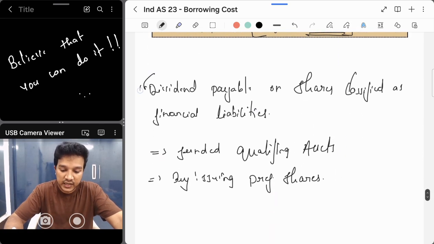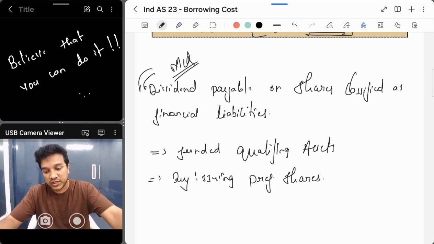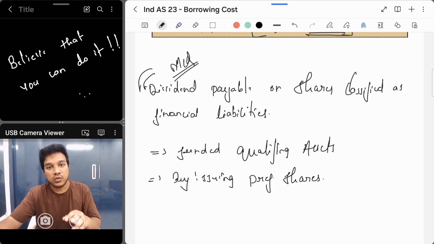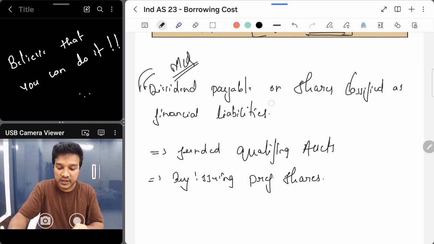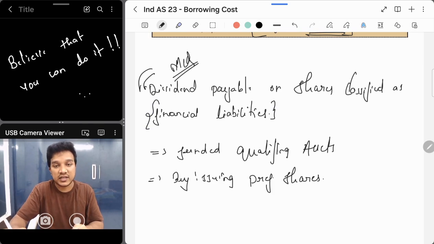And then I think this is the last one, again from an MCQ point of view. Dividend payable on shares classified as financial liability. Now let's see, if I have issued preference shares, and whatever amount I have collected, I am using it for construction of a qualifying asset. So whatever dividend I am paying on preference shares, that dividend will be treated as borrowing cost. Okay, simple. Provided, as per Ind AS 9, that has to be treated as a financial liability.